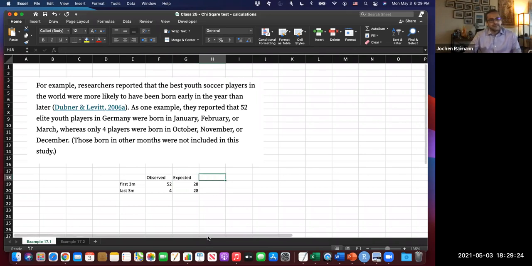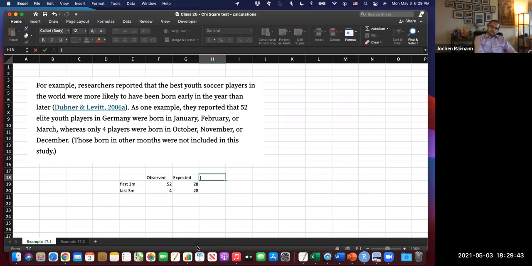Now the chi-squared test is essentially calculated by calculating and standardizing the difference between observed and expected. What does that mean? Let's abbreviate observed as O and expected as E. If I calculate the difference between O and E, observed minus expected, that's 24.